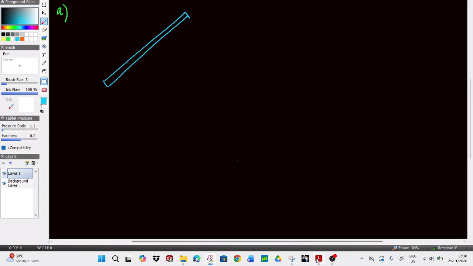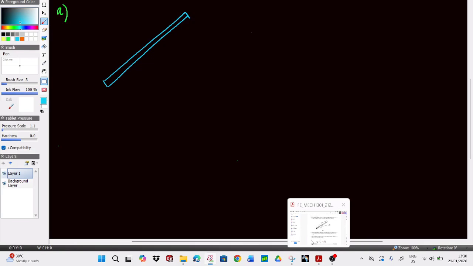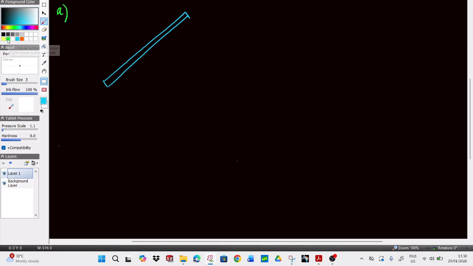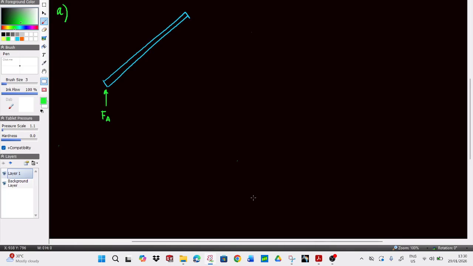What we have here is a roller, so for the roller, we're going to write it as FA. And then we have the tension from the cable, which is 100 Newtons. I'm going to mark it in white color. So this is the tension of the cable.